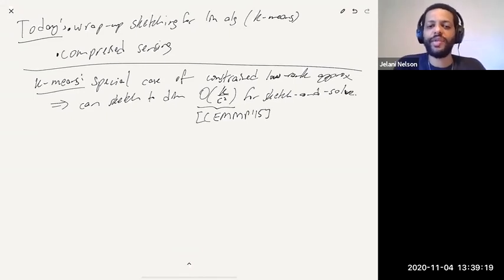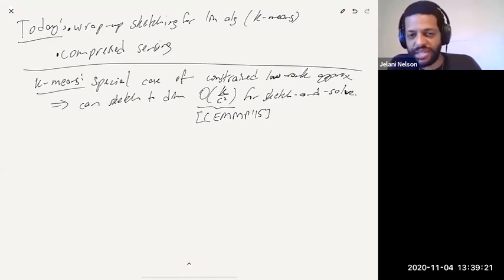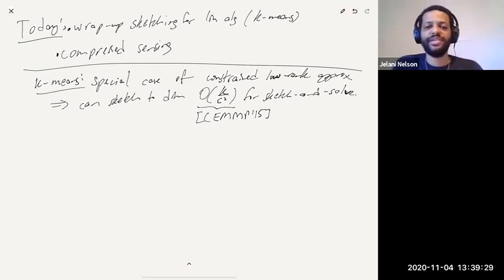Normally with sketch and solve, we want a 1 plus epsilon approximation. They didn't know how to prove 1 plus epsilon, but they did prove 9 plus epsilon, which is something. So at least you get a constant factor using only log k dimensions. So what I thought is I would just show you that proof, and then we'll end this chapter and move on to compressed sensing.